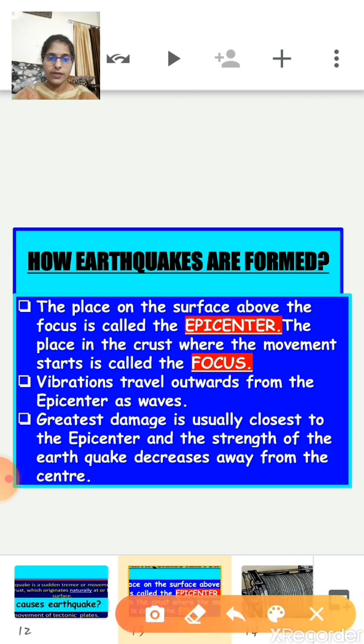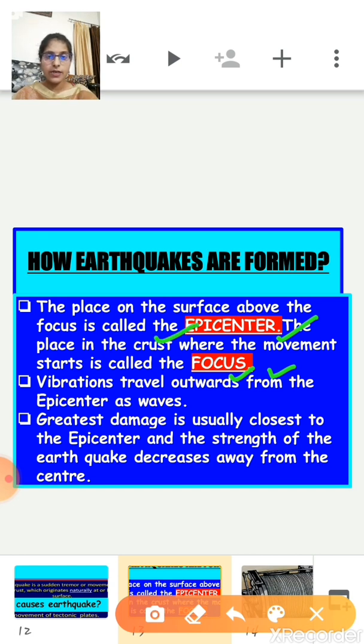Okay. Now, how the earthquakes are formed? Basically, there are two centers. First, we understand the term focus and the epicenter. Focus is basically the point where the earthquake originates. This point is inside the earth. The point where the earthquake originates inside the earth is called the focus, right?